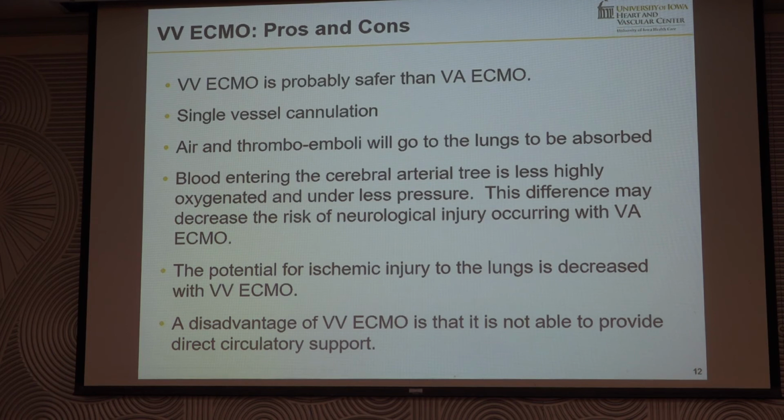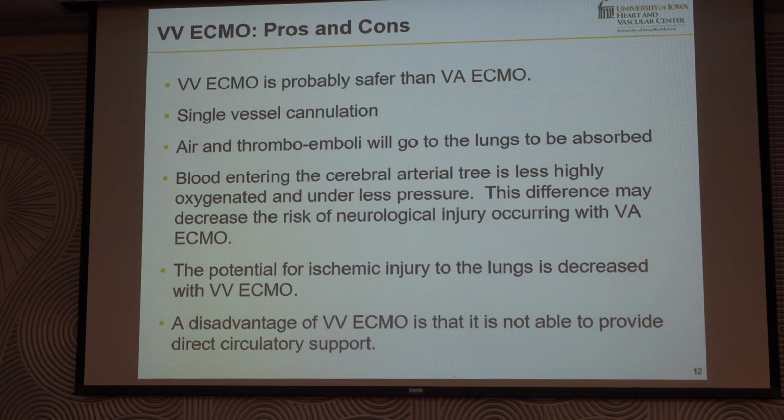Pros and cons. VV is probably safer than VA. You're only putting one hole in a person instead of two. And as we said, the risk for air emboli and things like that is less. The blood entering through your cerebral arteries, through the branches coming off the aorta, is many times more oxygenated, and we'll discuss that a little bit later.